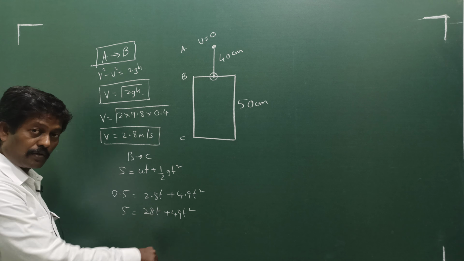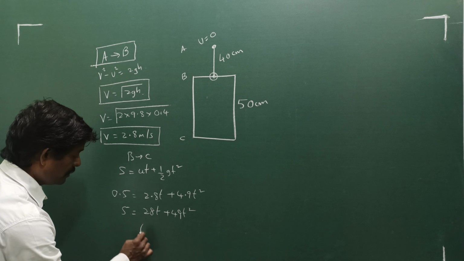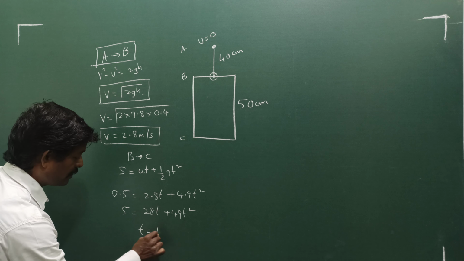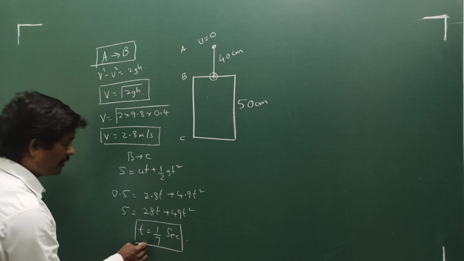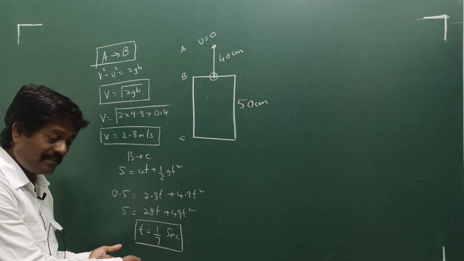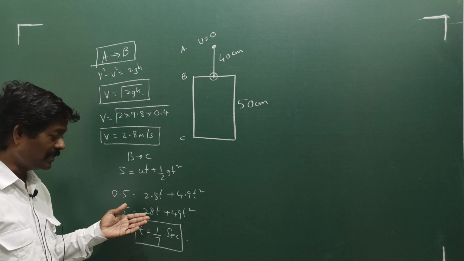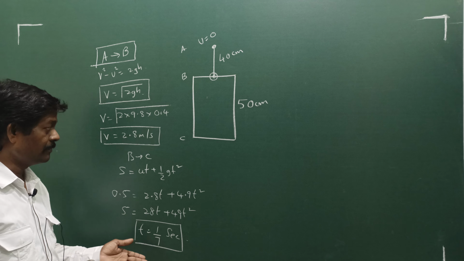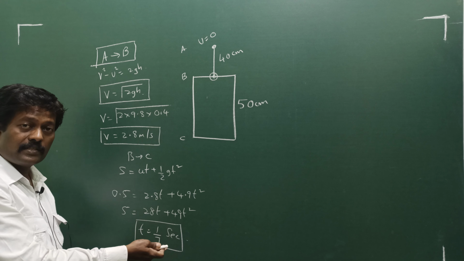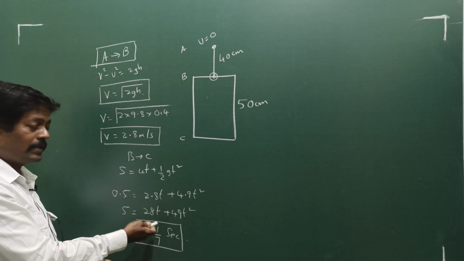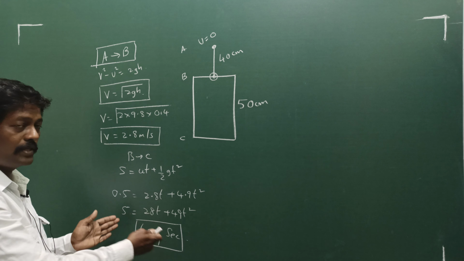It takes definitely a lot of time. Of course, I have solved it and I got the answer as 1/7 second. And it's not so easy as I have written. You have to solve the equation. It will take a few minutes, no doubt about it. So you involve a quadratic equation and you have to find the factors or use the formula to calculate the t. This is what the student does.